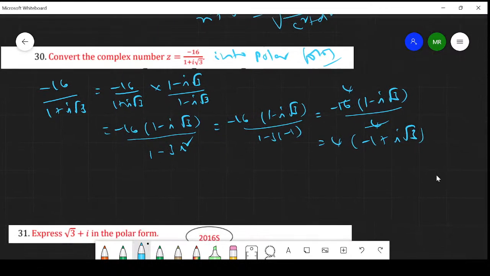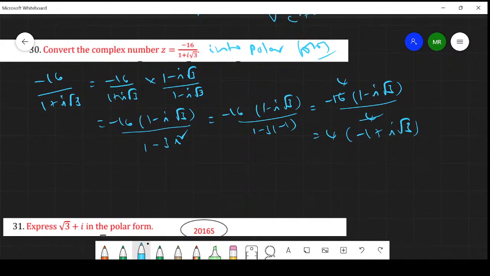If they are asking for polar form, you should think: what is the modulus of this complex number? If we take the modulus of the given complex number, it will be mod of 4 into minus 1 plus i root 3. This is 4 into root of 1 plus 3, root 4 is 2. It will be 8. The modulus of this complex number is 8.